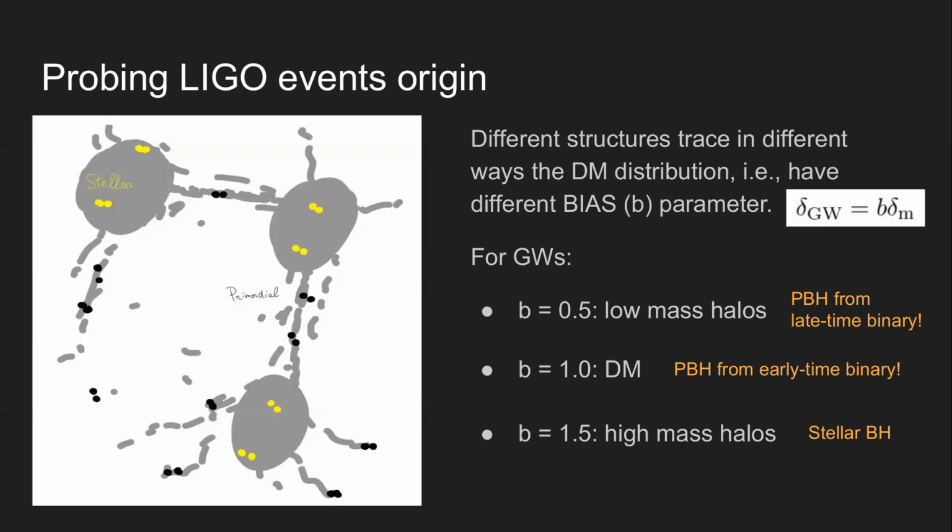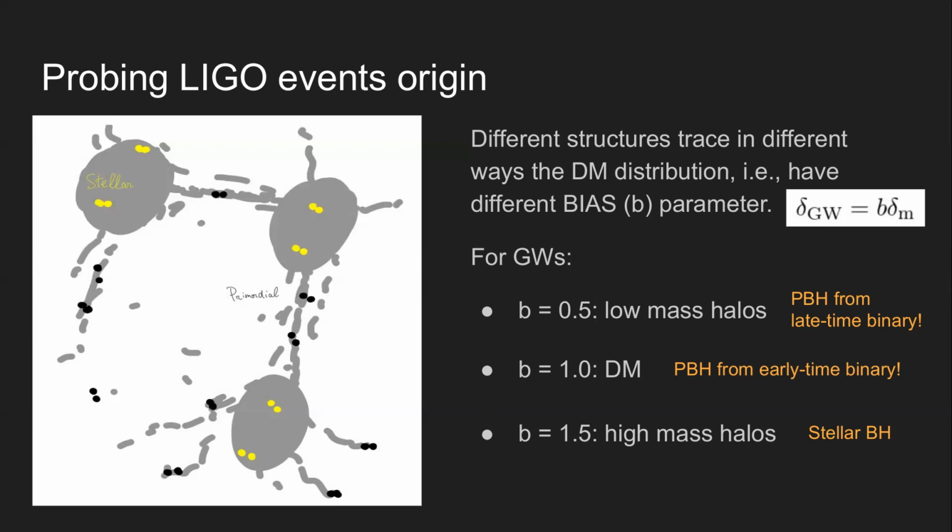In the first case of late time binaries, you have a bias, roughly speaking, which is below 1, and is typical of low mass dark matter halos. This is because to have this process of dynamical capture, you need the objects to have very small relative velocities, and this is more probable in low mass dark matter halos.